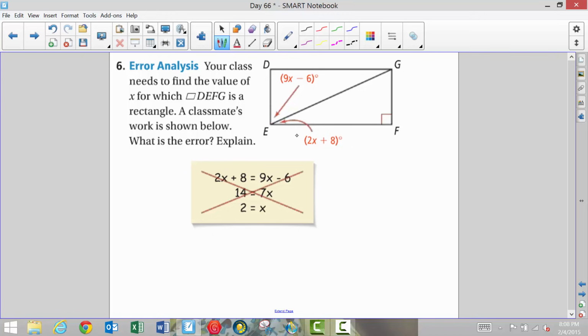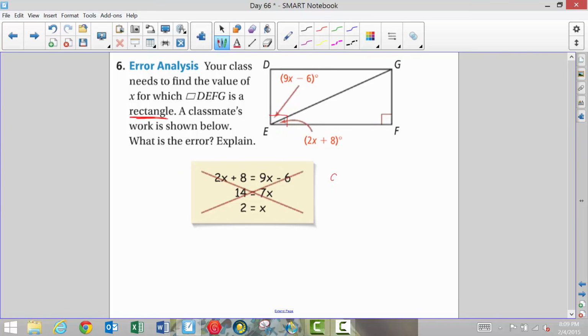A square has diagonals being angle bisectors. But if it's a rectangle, okay, they want this to be a rectangle. Diagonals in a rectangle are not angle bisectors. Diagonals in a rectangle are congruent and congruent only. The angles in a rectangle are 90 degrees. So this is 90.